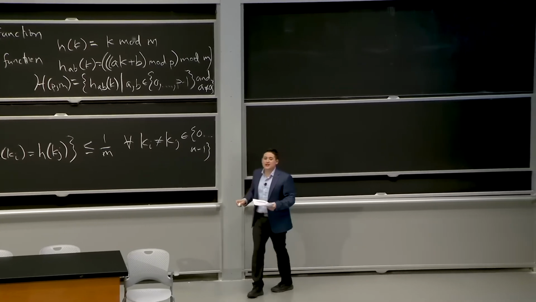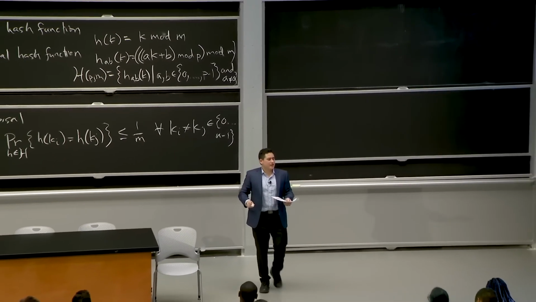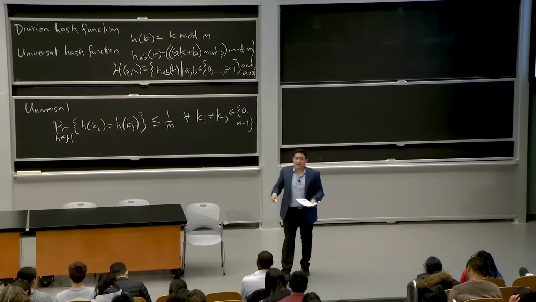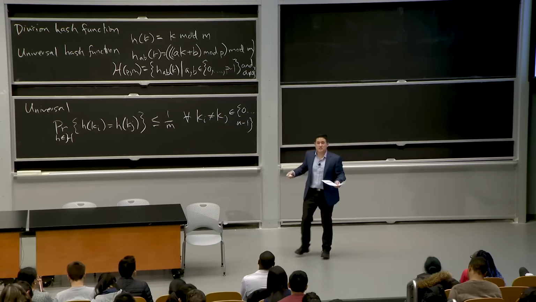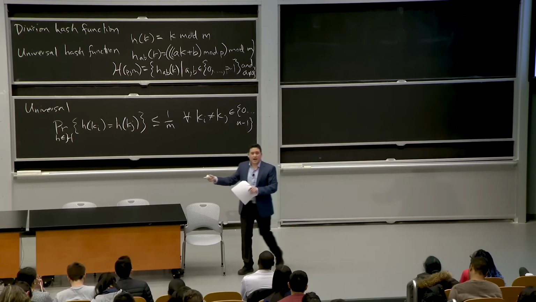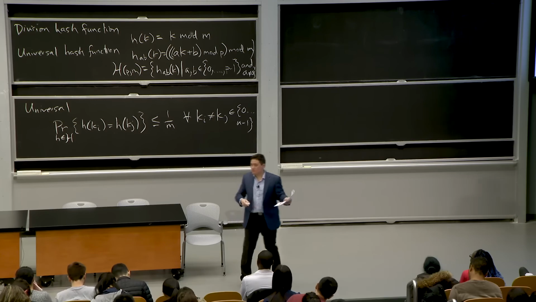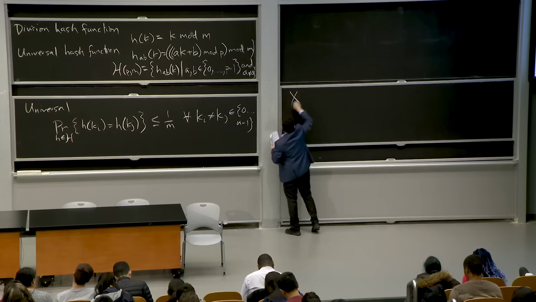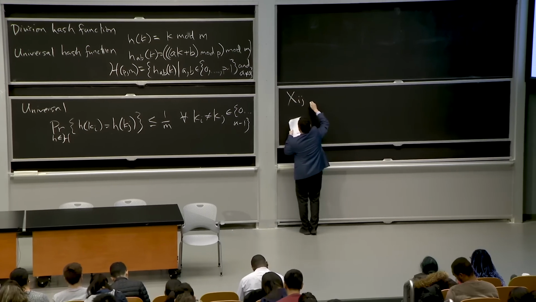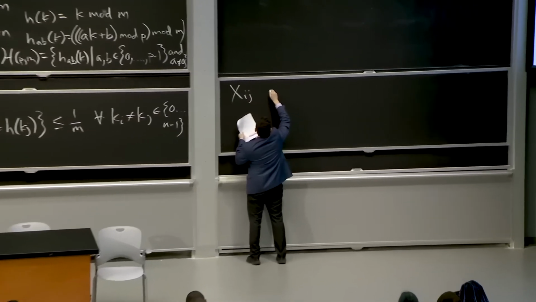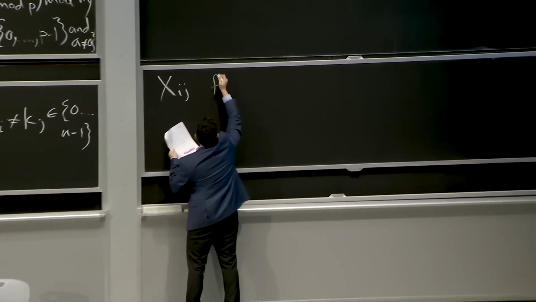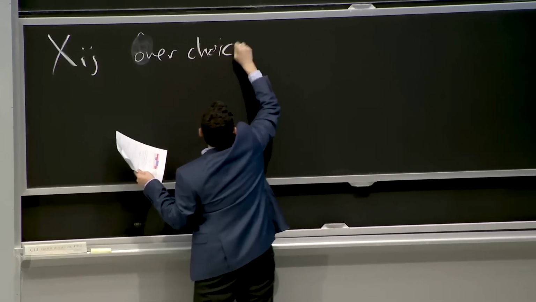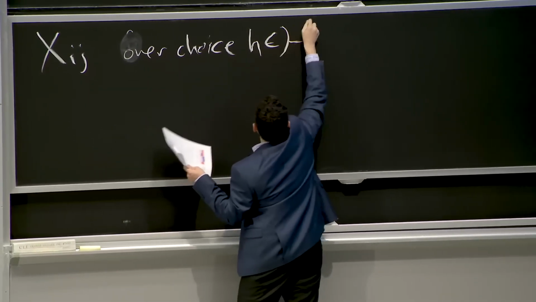I'm going to define a random variable, an indicator random variable. Does anyone remember what an indicator random variable is? Yeah, it's a variable that with some amount of probability is 1, and 1 minus that probability is 0. Right? So I'm going to define this indicator random variable, x_ij, is a random variable over my choice of a hash function in my hash family.